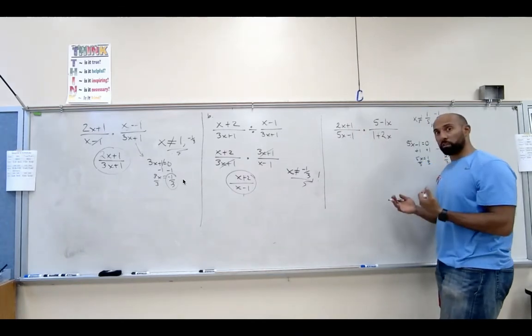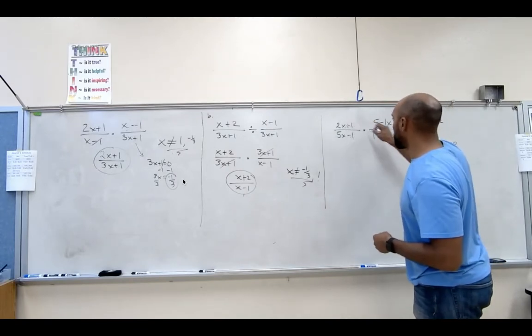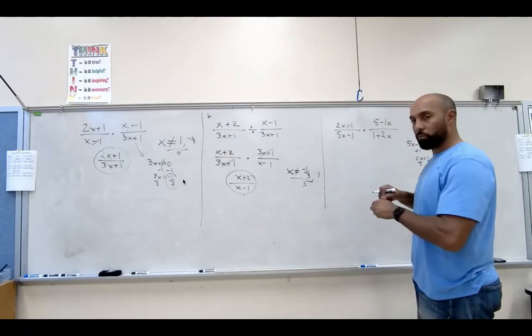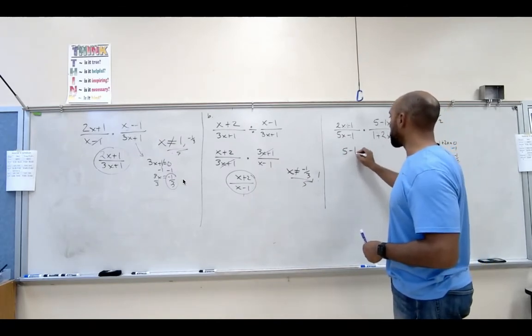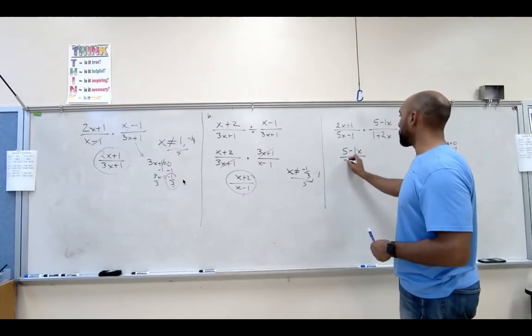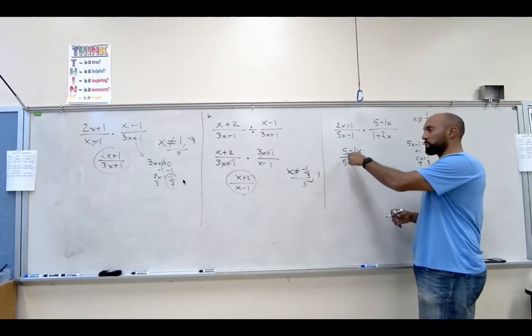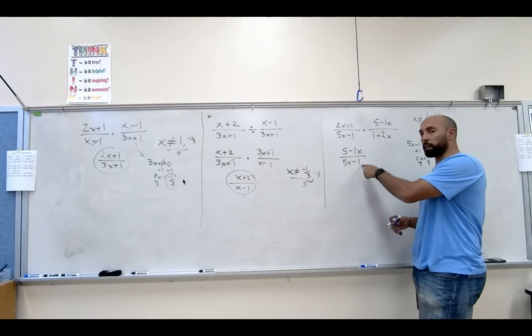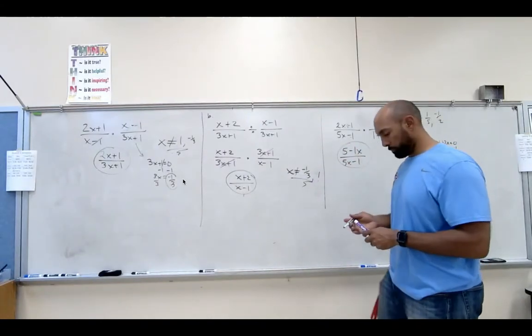So those are actually like terms, or like factors. They're just written in a different order. So now I have 5 minus 1x over 5x minus 1. And again, this 5 doesn't have an x, and this 1 doesn't have an x, and that's why they're not like factors.